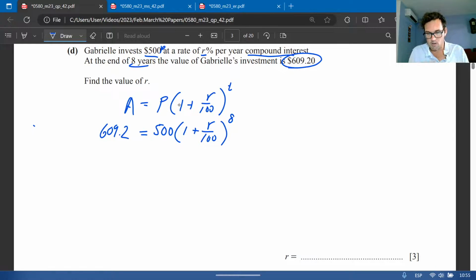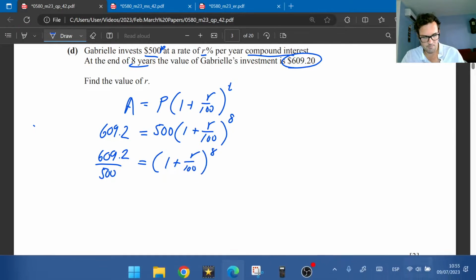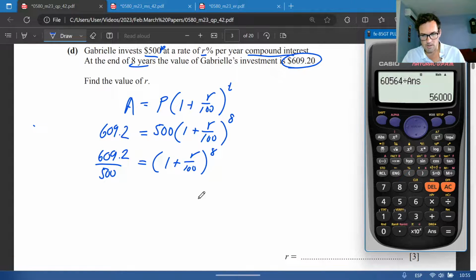Okay, and then we just need to solve this. So first I want to get rid of that 500, so we divide both sides by 500, or divide the 500 on the other side. And here we'll be left with 1 plus R over 100 to the power of 8. I'm going to leave it like that for now.